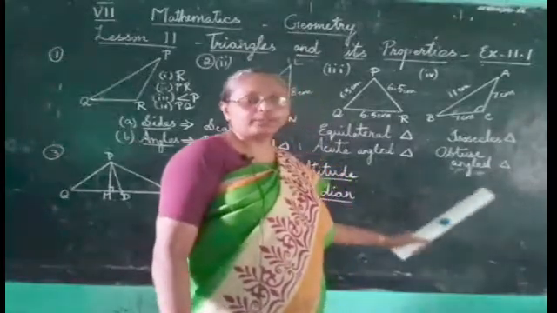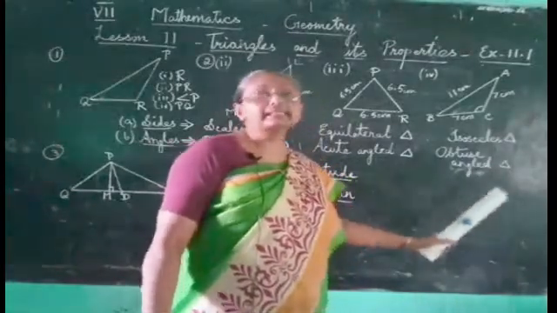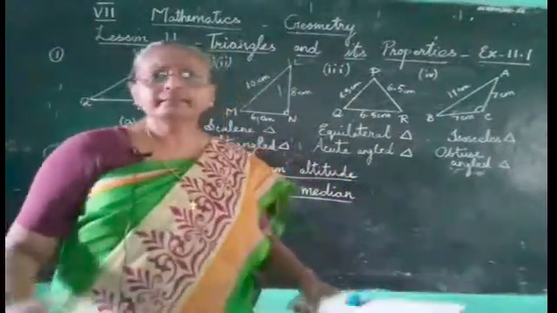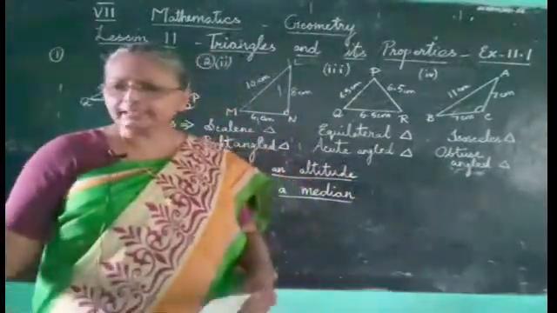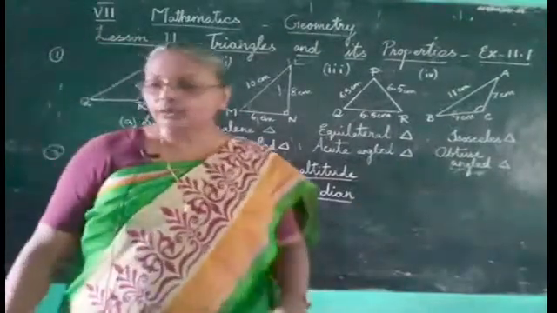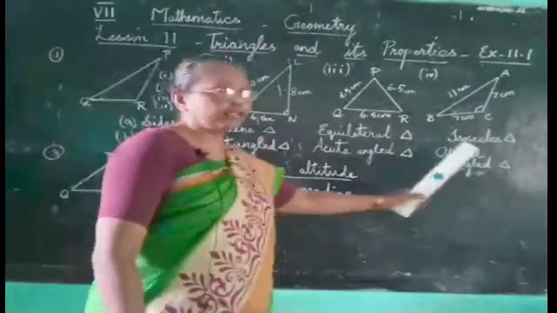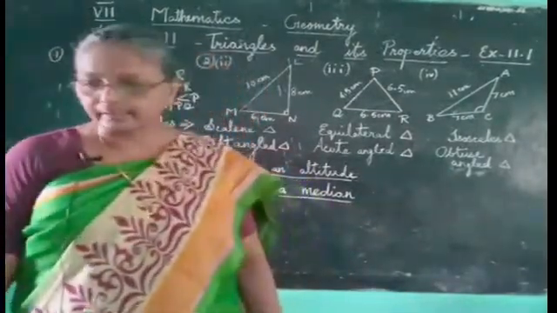So we can note it down as obtuse angle triangle. It is enough if you write it nearby or below each triangle. You can note down that they are right angle triangle, acute angle triangle and obtuse angle triangle.